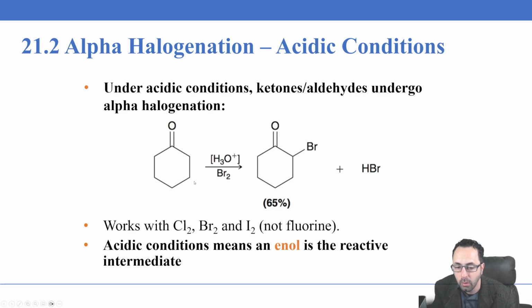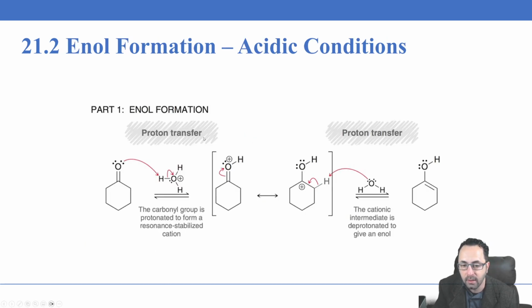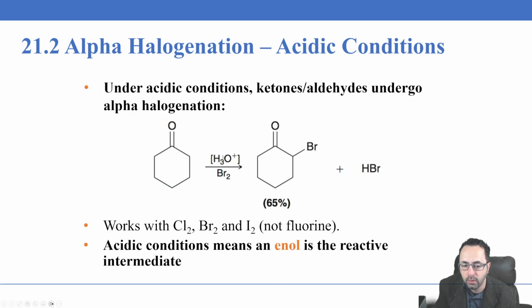And so just a reminder of the way these work. First of all, with the acid catalyzation, and by the way, this will work with chlorine, bromine, iodine. It won't work with fluorine. The reason, again, is because for each of these, we're going to have to break the bond here. And although the fluorine bond is weak, it's not very polarizable.